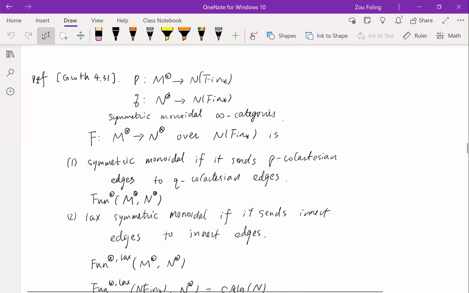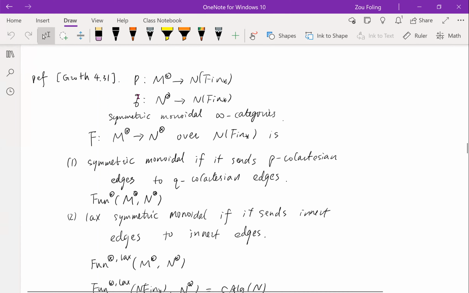Okay, so now I'm using a reference from a short course on infinity categories, a paper Hannah shared a few days ago. I'm going to use the definition there and compare it to the definition in Higher Algebra.